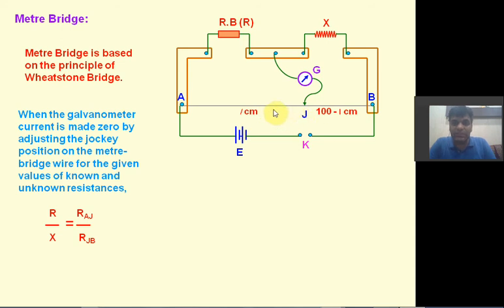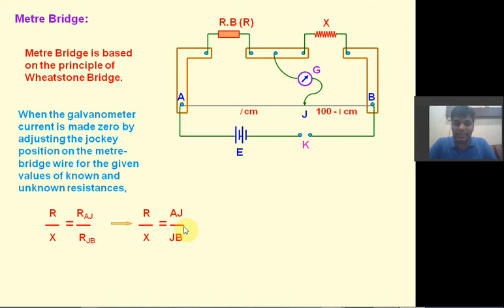because resistance is directly proportional to length by the formula R is equal to rho L upon A. So RAJ is proportional to the length AJ, and along RJB we have the length JB.